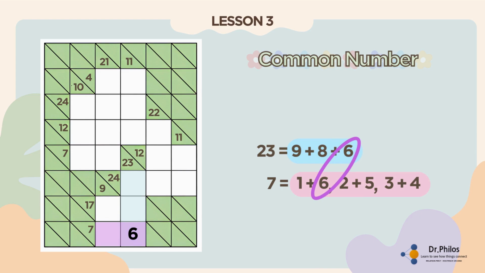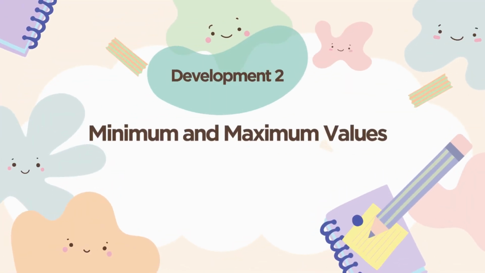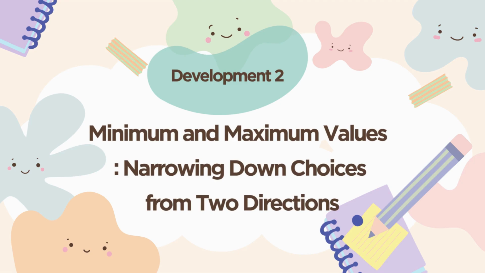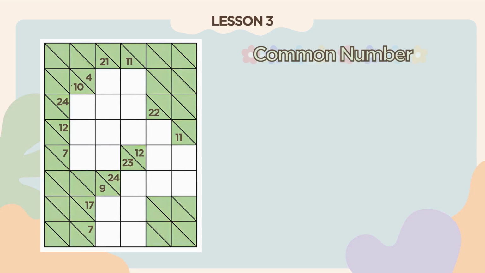But why? There are 3 different row number sentences, so it's weird that there is only one common number. Look at the column 23. There is a number that absolutely cannot go into 8, 4. What is it? 1?